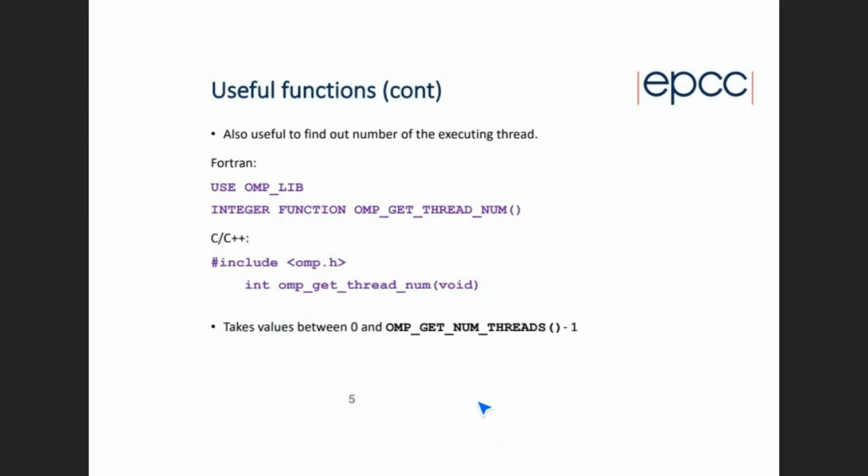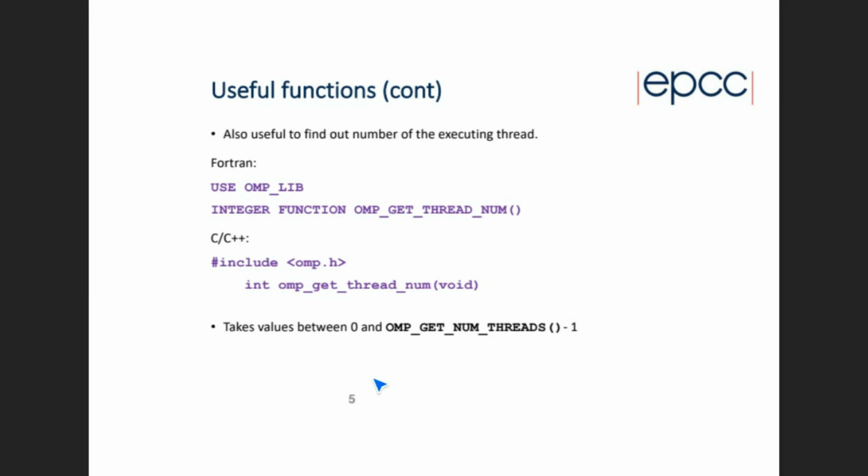And then to get the number of the executing thread, it's omp_get_thread_num. It wasn't the greatest choice of function names; they're a bit too similar. So make sure you don't get mixed up between omp_get_num_threads and omp_get_thread_num.